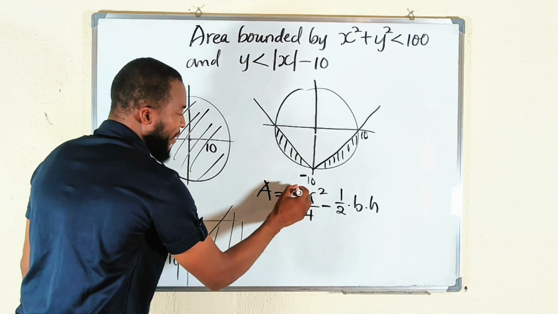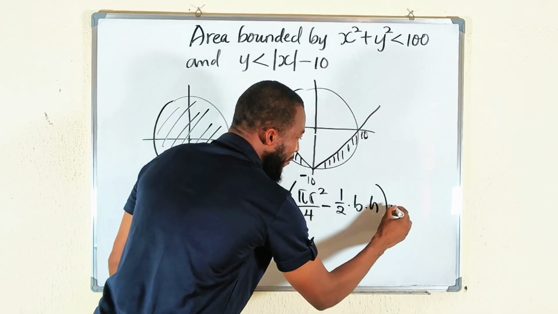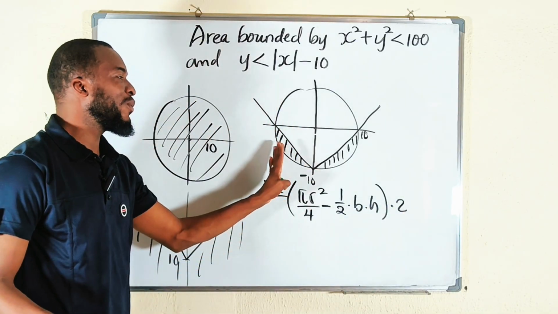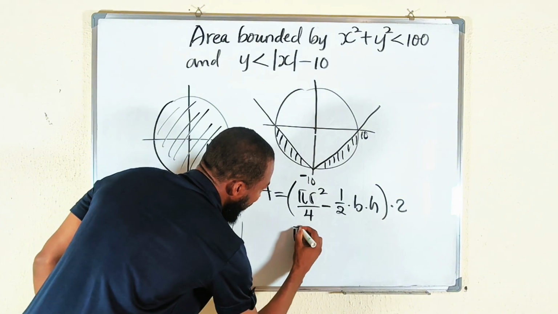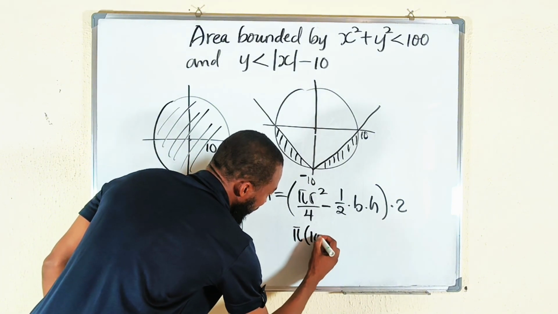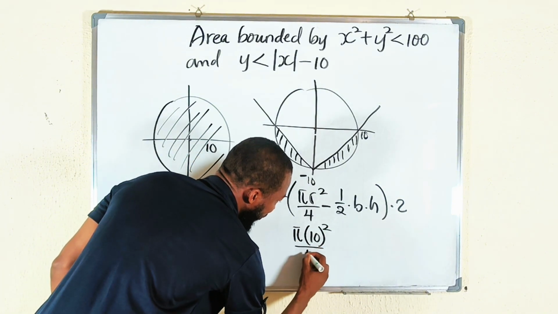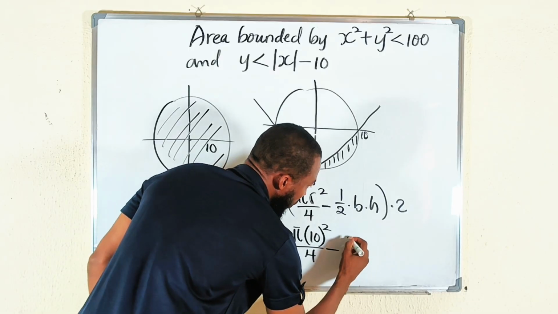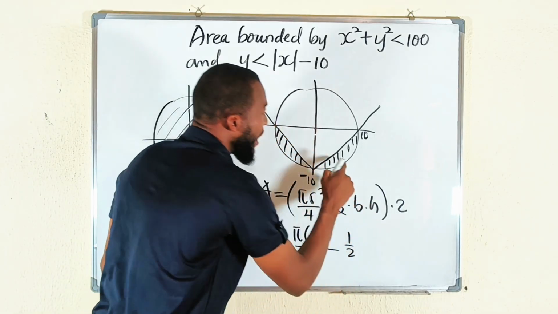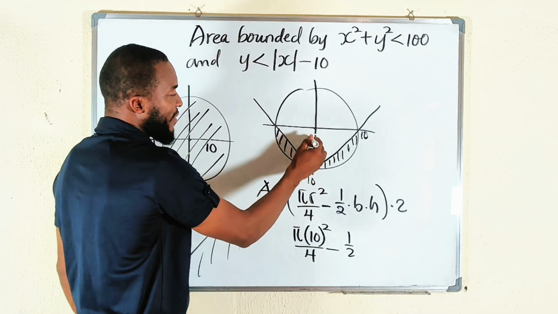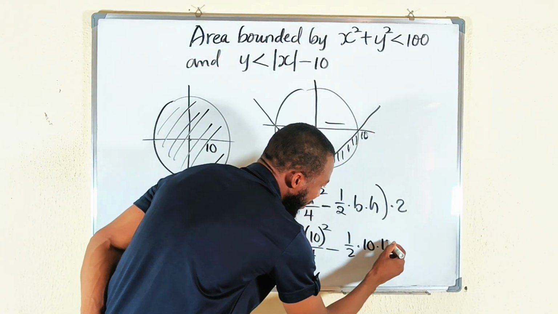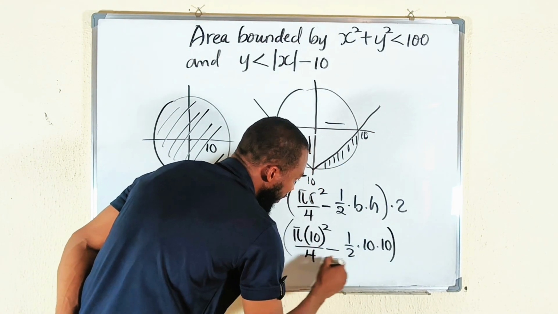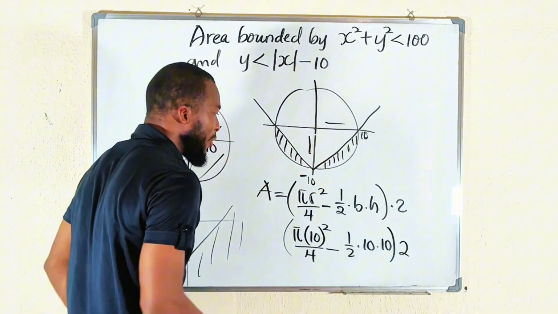From here, if you multiply everything by 2, it is going to give you the two areas. So let's substitute. We have pi r, which is 10, squared divided by 4, minus 1 over 2. Base and height of this triangle are the same because this is 10, this is 10. So we have 10 multiplied by 10, everything multiplied by 2.